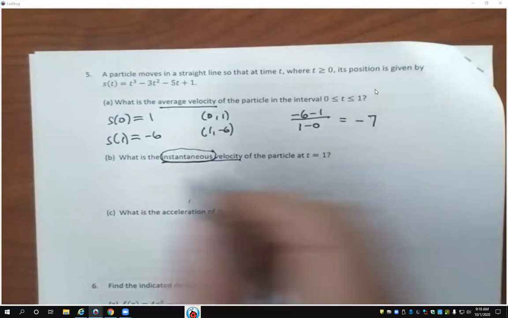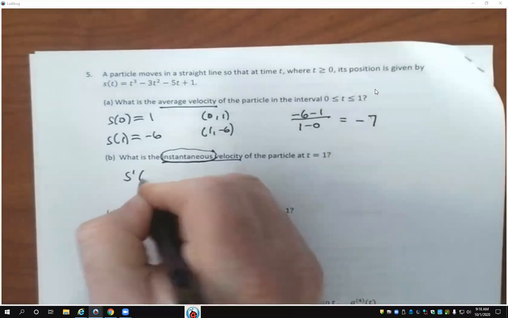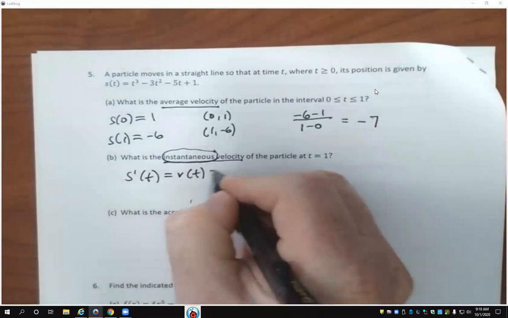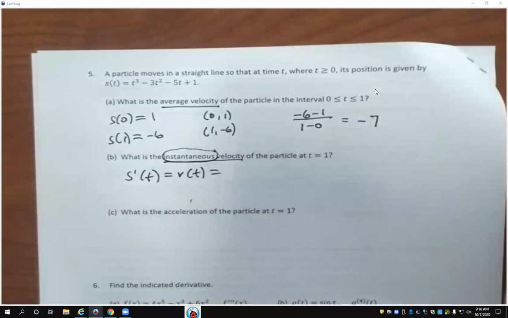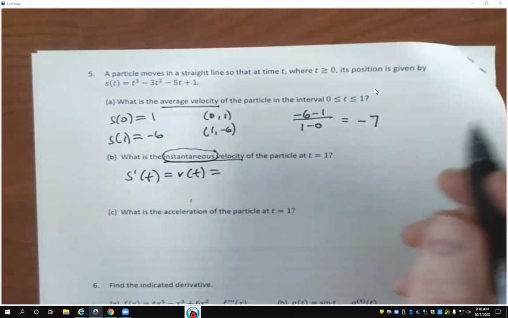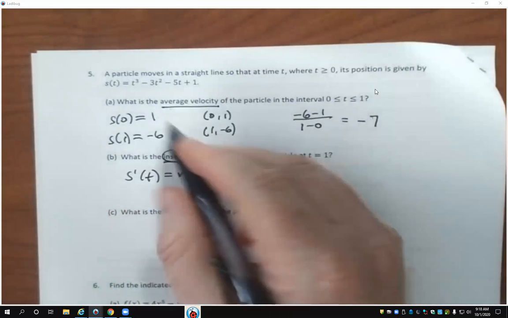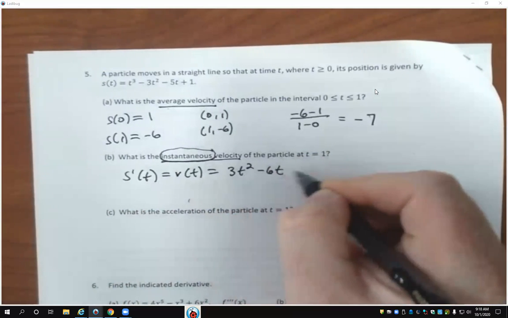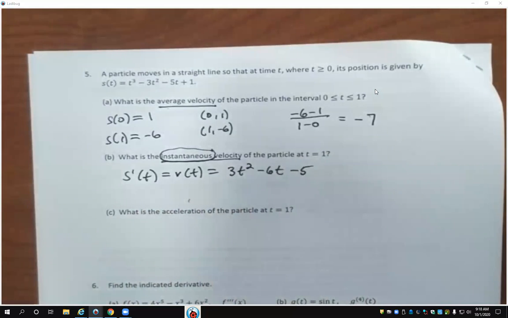So the first thing we have to find is S prime of t, or V of t. We're finding instantaneous velocity at a specific moment. The derivative of our position function is 3t squared minus 6t minus 5.